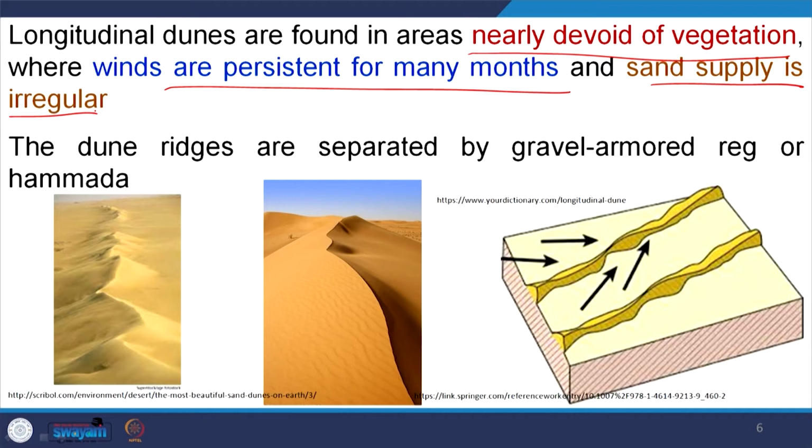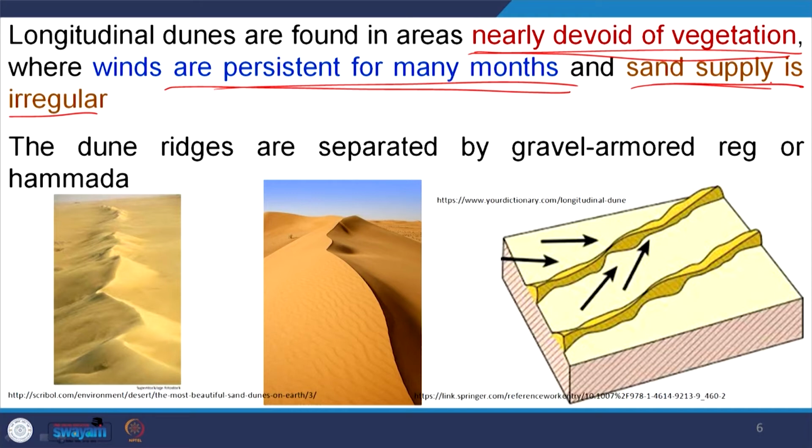That means the three criteria mainly responsible for dune formation apply here: the area is nearly devoid of vegetation, wind is persistent for many months, and sand supply is irregular. If these conditions are satisfied, then we will get a longitudinal dune of hundreds of kilometers in length and kilometers in width.